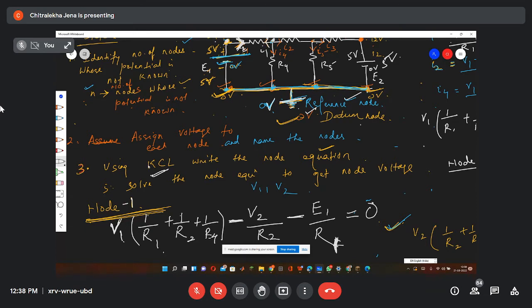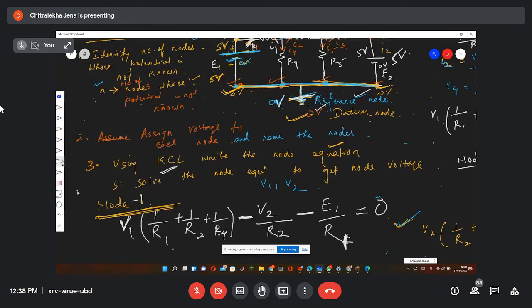So when you are writing the equation for a particular node, the equation is the product of the potential of that node with the sum of the reciprocal of the resistances connected to that node, minus the ratio of the potential of the adjacent node to the interconnecting resistance, minus the ratio of the potential of the adjacent battery to the interconnecting resistance, equal to 0.